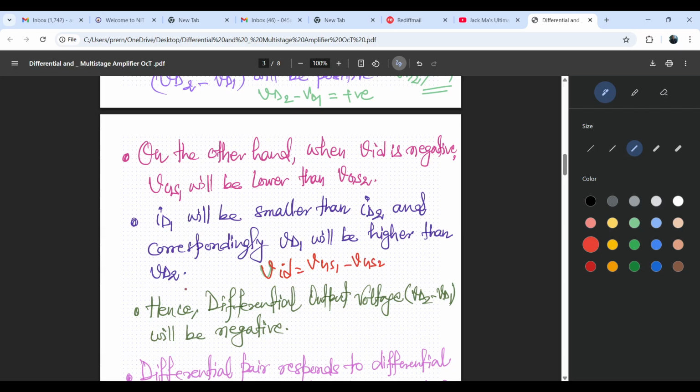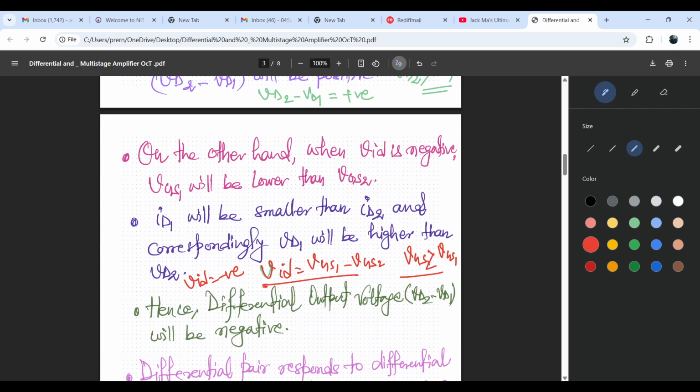Now I am saying this VID is a negative value, so we can simply say VGS2 is greater than VGS1. So when VID is negative, VGS1 will be lower than VGS2.